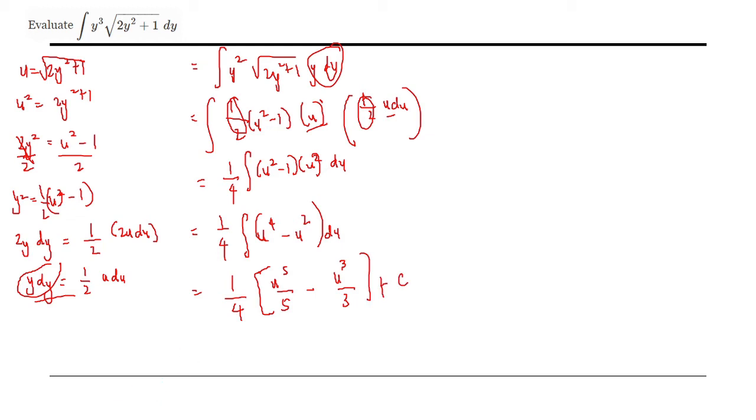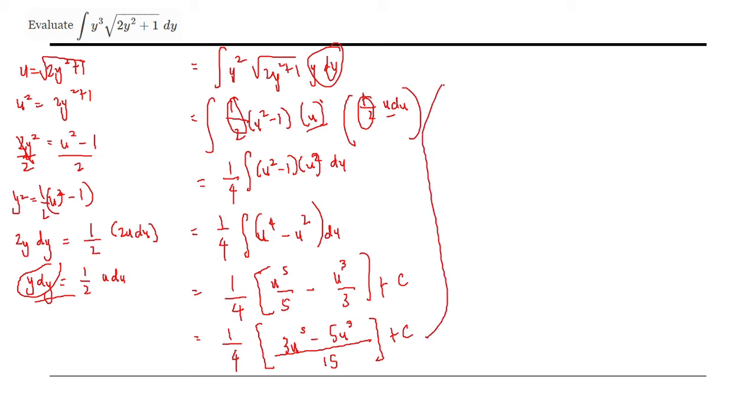Change u back to its original equation. But before that, let's get the LCD. So 15 divided by 5, that's 3. 3u to the 5 minus 5u cubed plus c. To further simplify this equation, we can factor u cubed out.